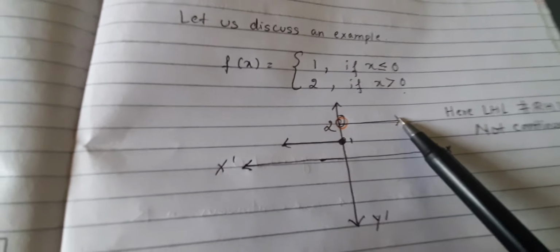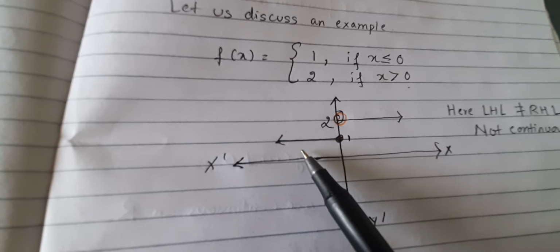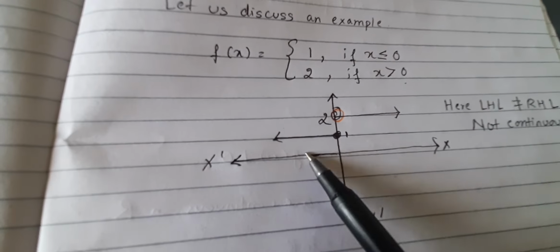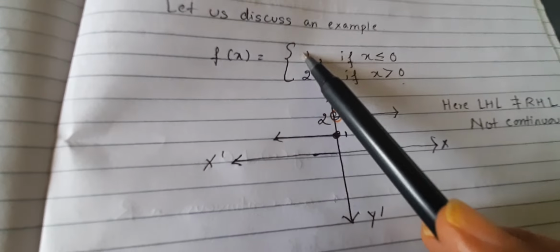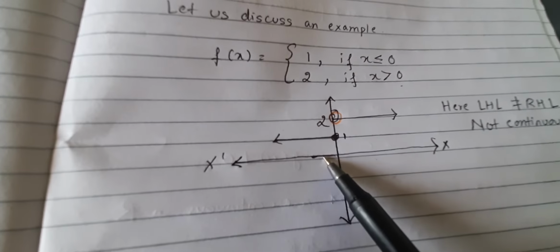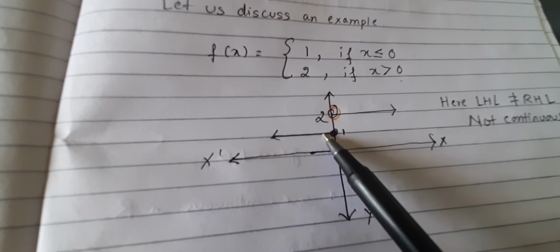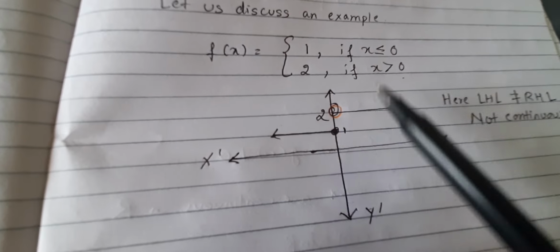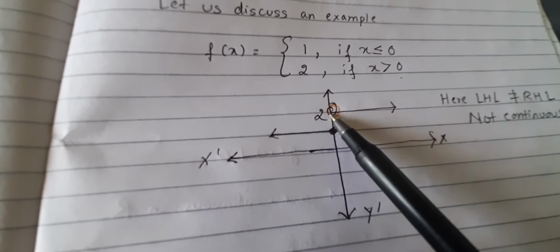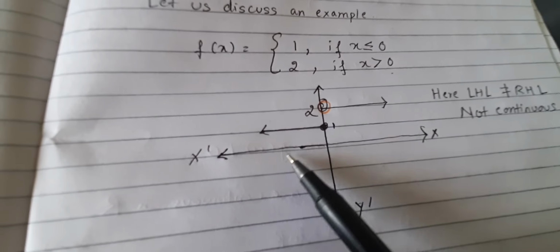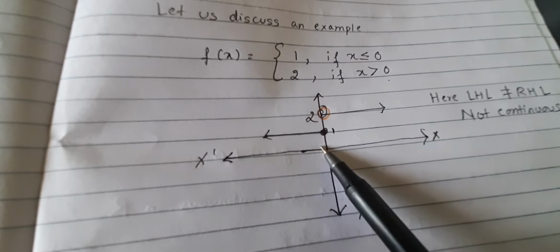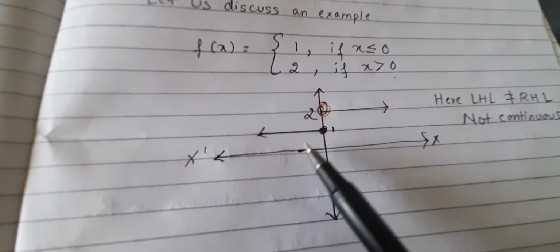the function value will be 2. So now you can see that when we are approaching 0 from the left side, the value of the function is 1. But from the right side, if I am approaching 0, the value of the function is 2. So LHL means that I am approaching from the left side, the left hand limit, which we have done in grade 11 also.